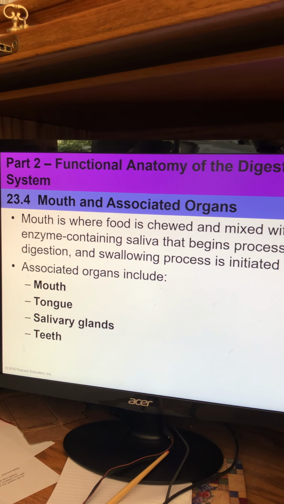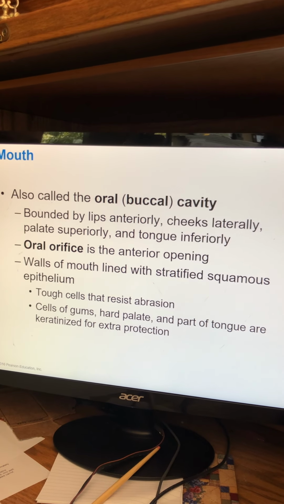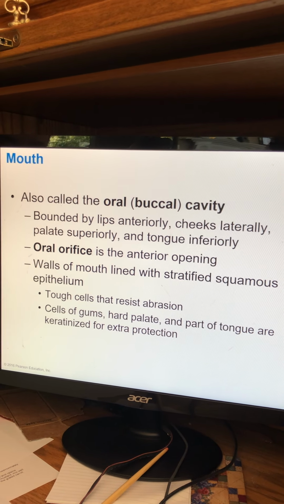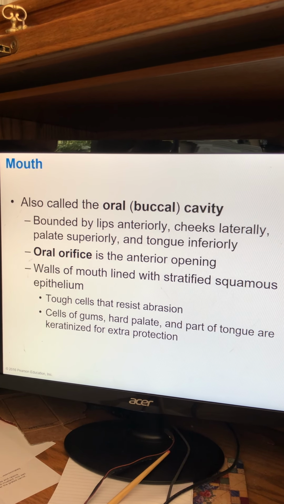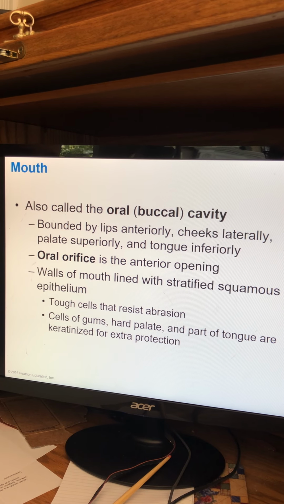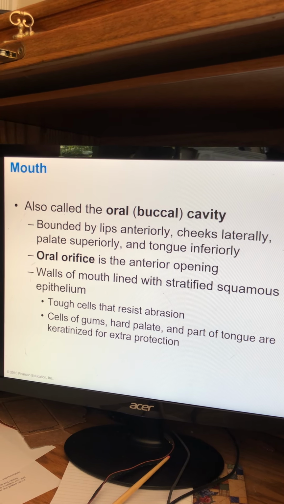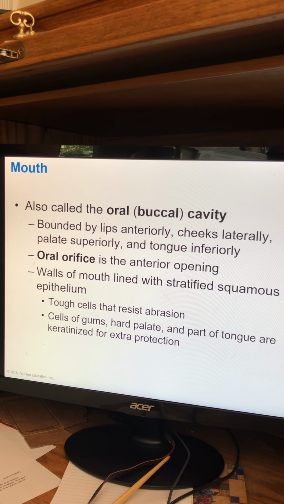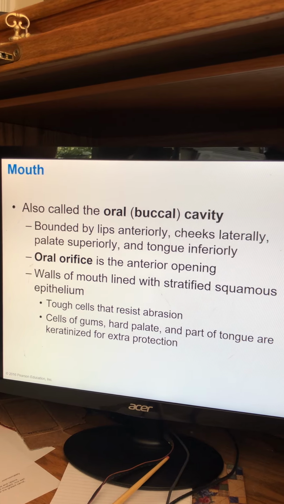They're going to play a major role. So the mouth is also called the oral or buccal cavity. We're not even going to go over it, but it's bounded anteriorly by your lips, the cheeks on either side, the hard palate superiorly, and the tongue inferiorly. And basically, because it's food, it is going to be like the esophagus lined with stratified squamous epithelium.